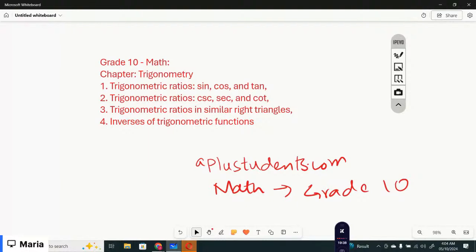We're going to start with the chapter trigonometry, and the lessons we're going to cover today are trigonometric ratios, sine, cos, and tan, trigonometric ratios, cosecant, secant, and cot, trigonometric ratios in similar right triangles, inverses of trigonometric functions.